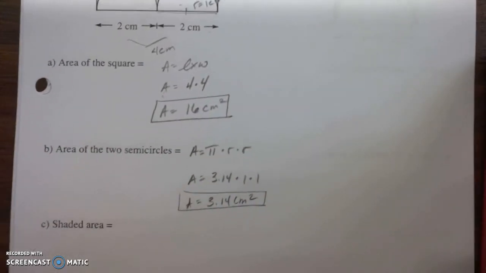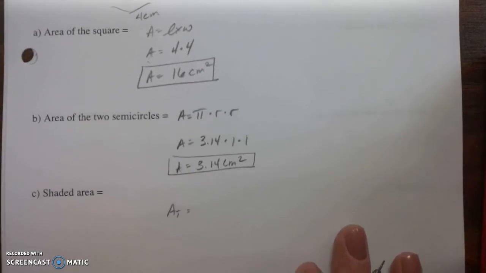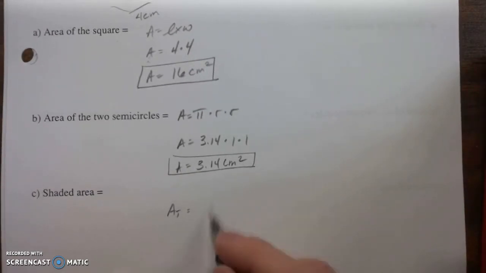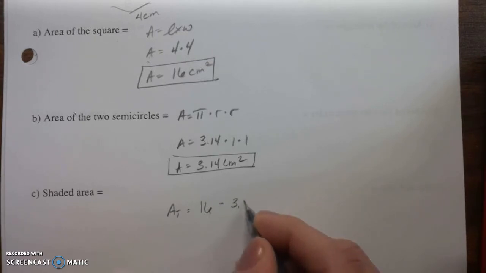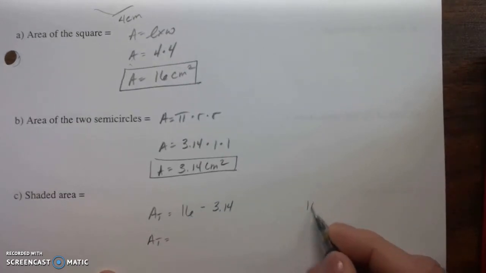So what I'm going to do is subtract the area of the semicircles away from the area of the square. So I'm going to have 16 minus 3.14, and let's do that work over here.